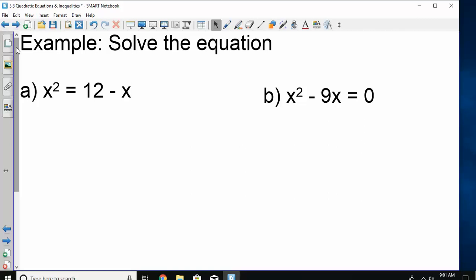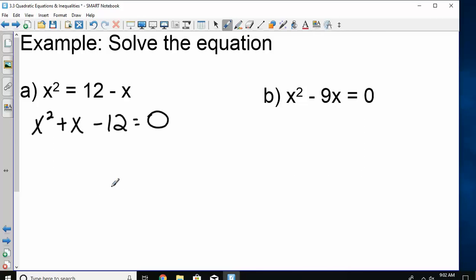Add the x and subtract the 12. In order to solve these quadratics, we need them to be equal to 0. So if I add over my x and subtract over my 12, that gives me x squared plus x minus 12 equals 0.